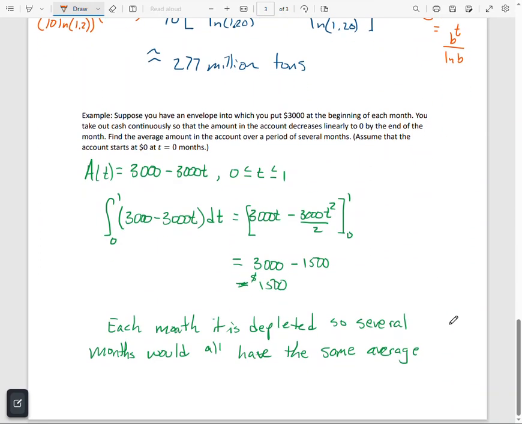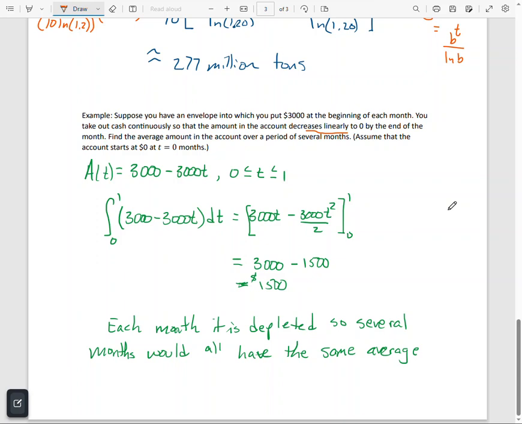Suppose you have an envelope into which you put $3,000 at the beginning of each month. Banks, who needs them? You take out cash continuously so that the amount in the account decreases linearly to 0 by the end of the month. Find the average amount in the account over a period of several months.